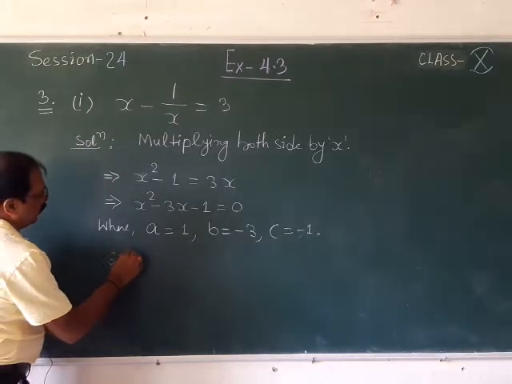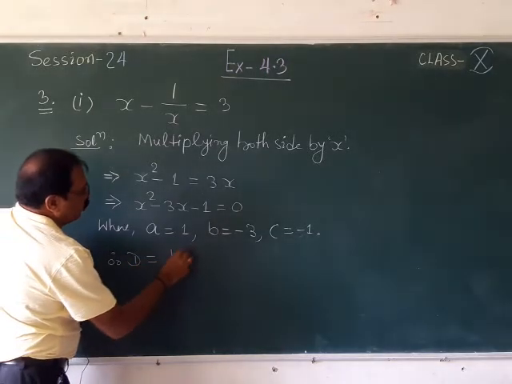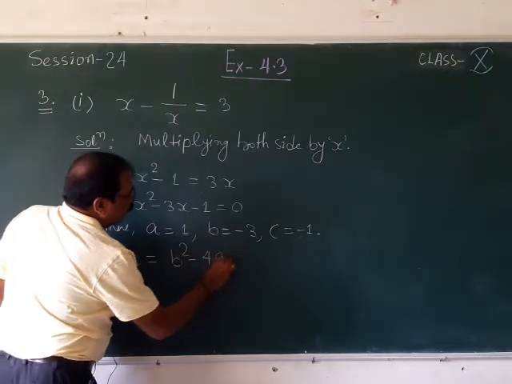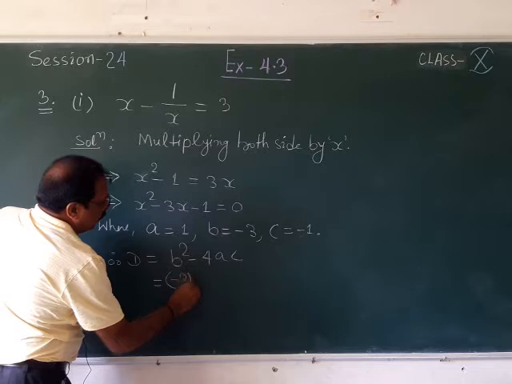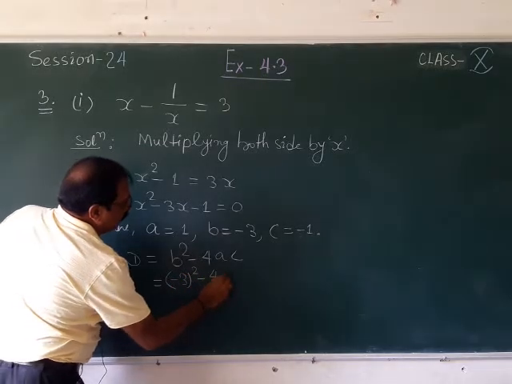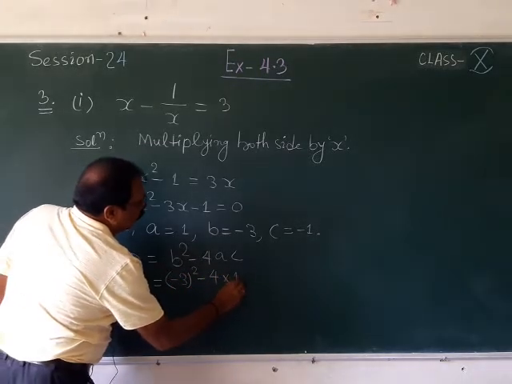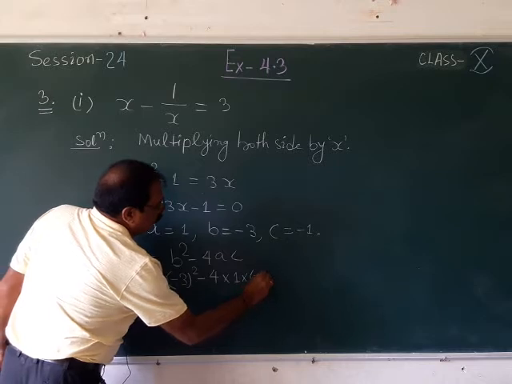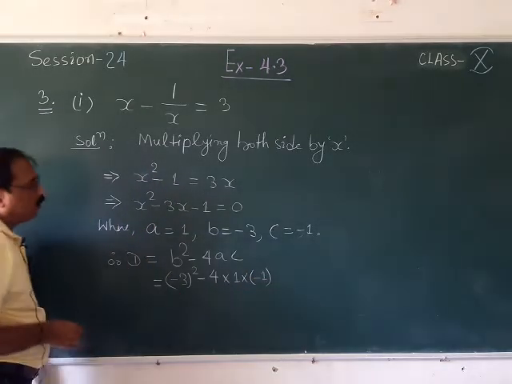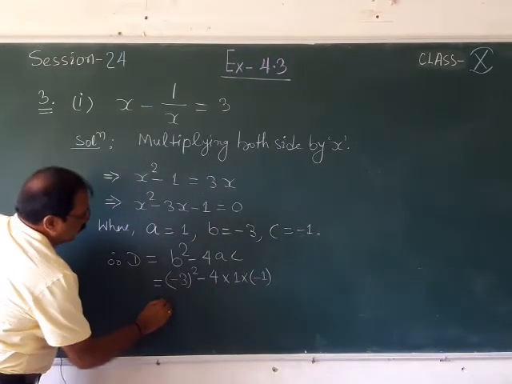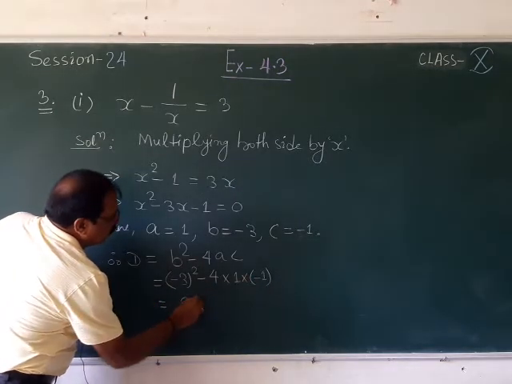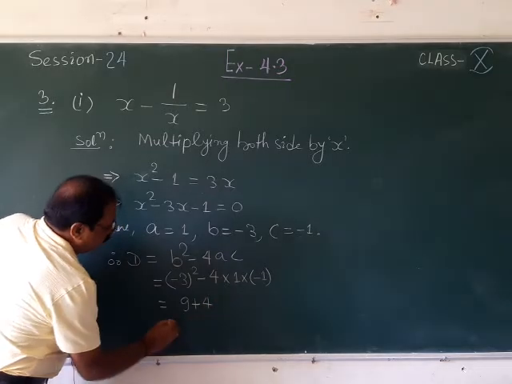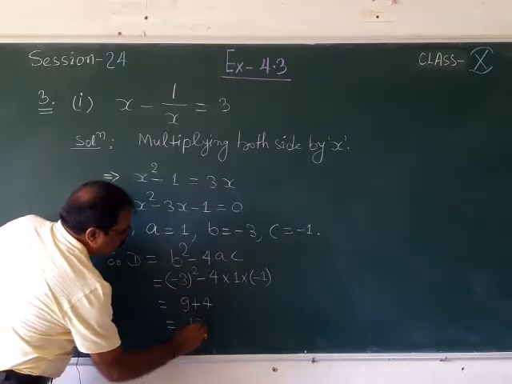Therefore D equals, as you know, b square minus 4ac. The value of b is minus 3, so minus 3 square minus 4 into 1 into minus 1. First of all we calculate the value of D, that is 9, minus and minus becomes plus 4, and 9 plus 4 becomes 13.